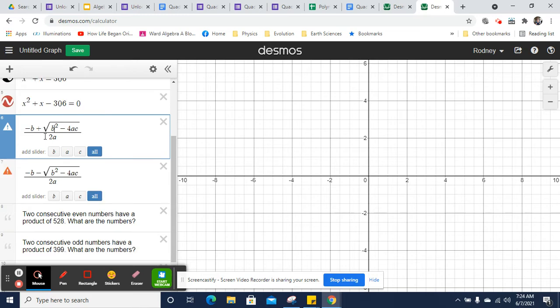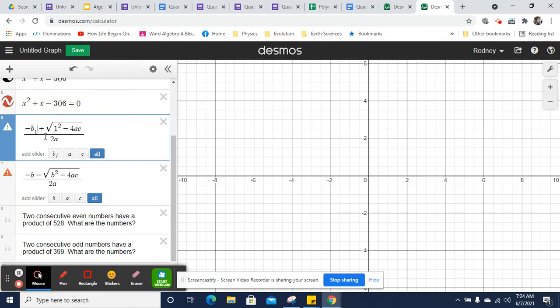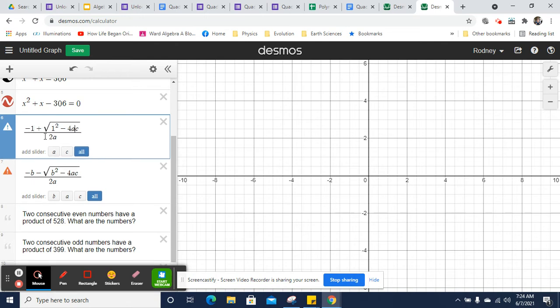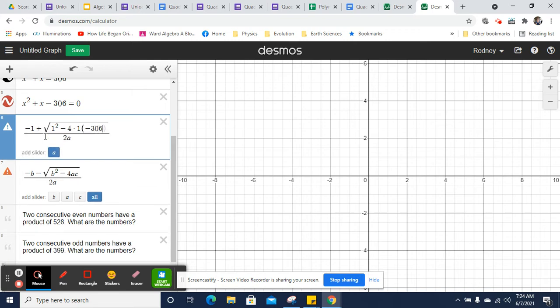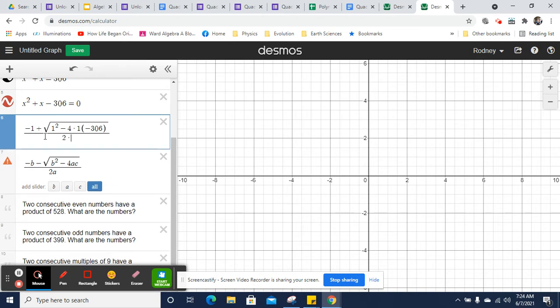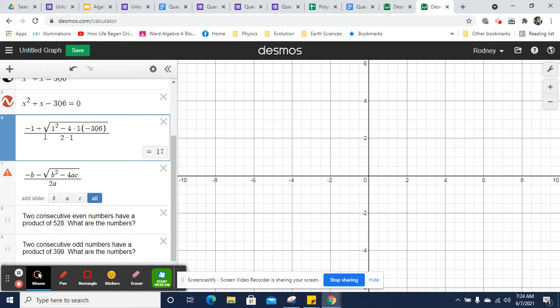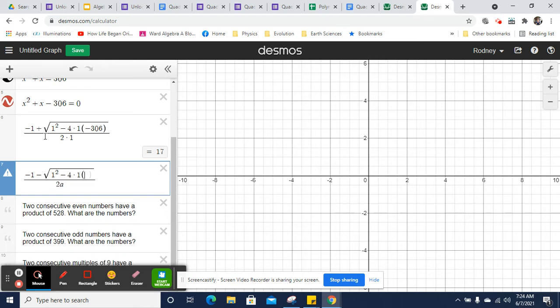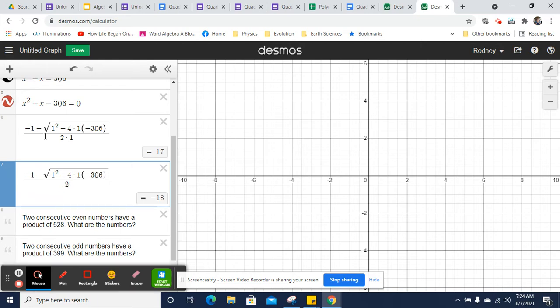So B is 1, and A is 1, and C is negative 306. And I get 17 for X. Now, I had to check my other option because there might be another option for my answer. So 1, 1, negative 306, and 1. And I get negative 18. So X could be 17 or it could be negative 18.